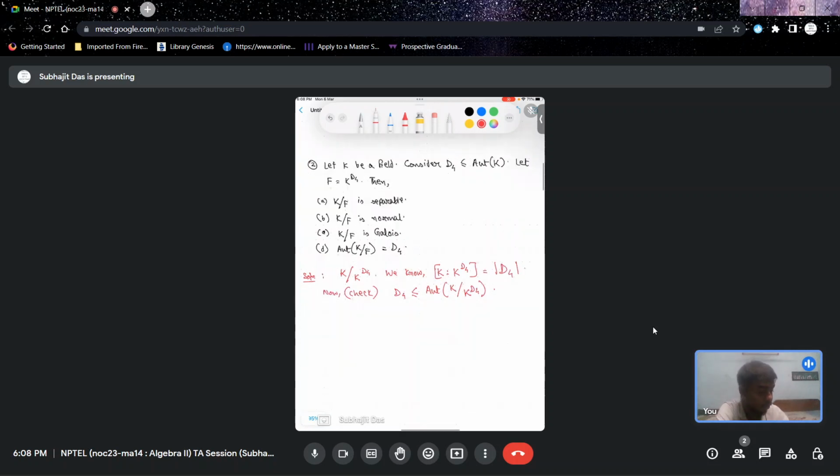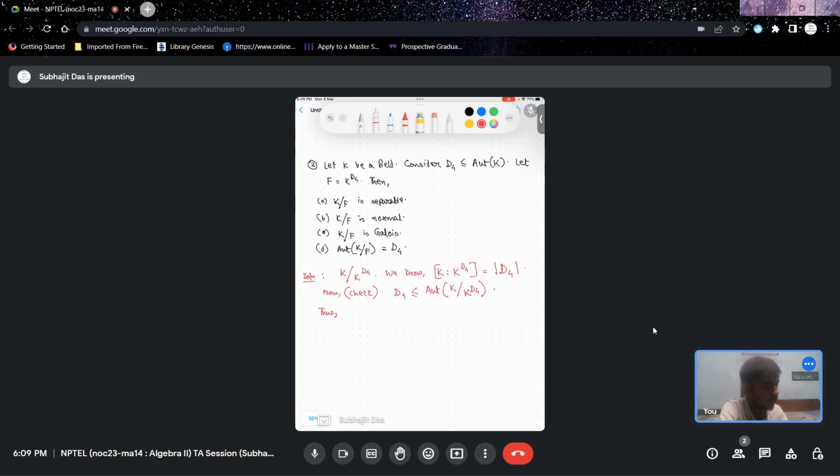And now we therefore have this. What we want to show is that D4 is exactly equal to the Galois group, right? This is what we want to show.